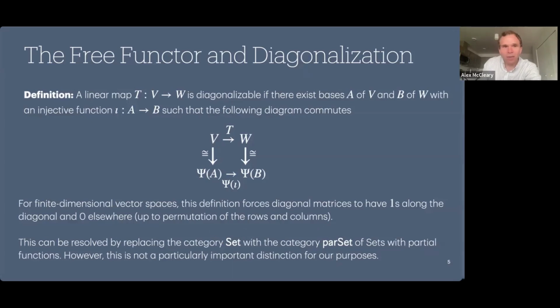So if you want to make it agree with the usual definition, it wouldn't be too hard. The thing is, this distinction is not very relevant for us, since the maps we will be trying to diagonalize are always going to be injections. So we'll never need partial functions. We can always find a full function that diagonalizes these.